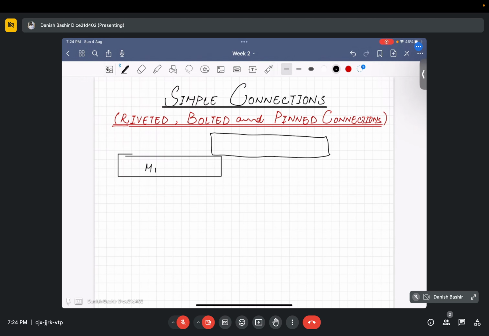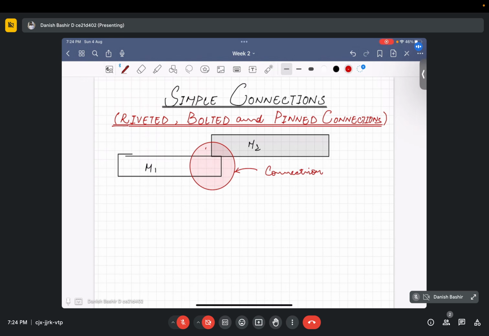These have to be connected with each other. For that connection, we need different types of connections, as different types of members will be connected to each other.